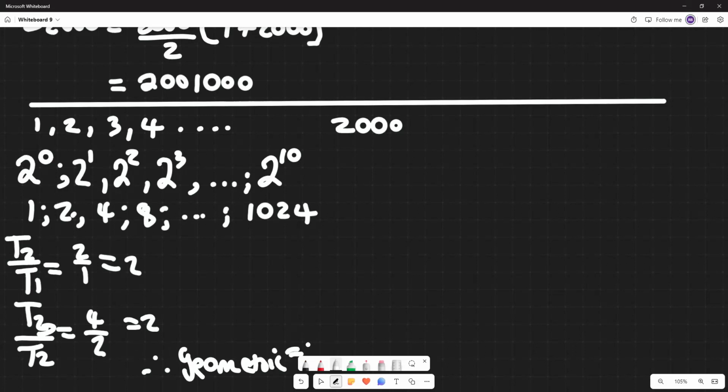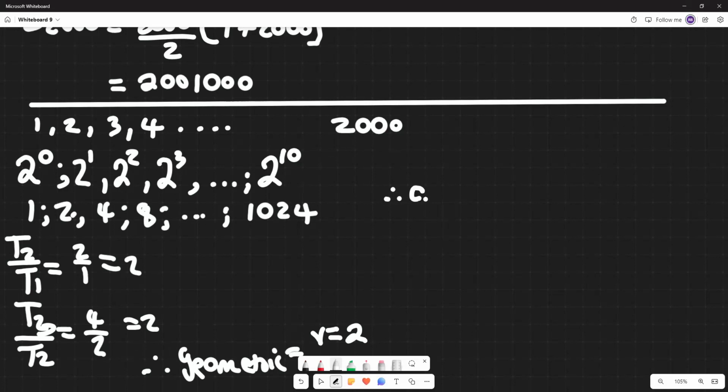And then you can see that your R is equal to 2, right? So now we know that this is a geometric pattern, and from 0 to 10, you can see that there are 11 terms.